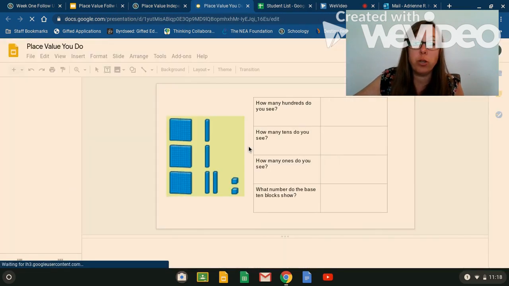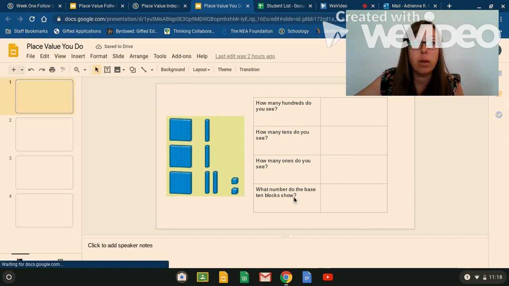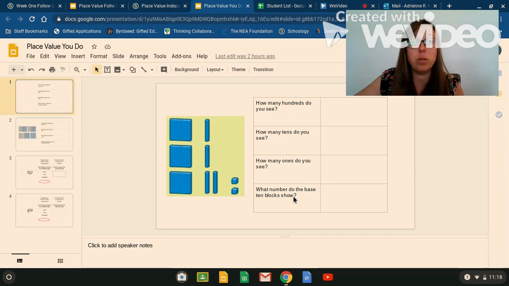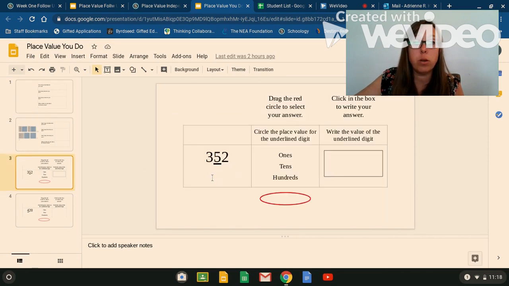You're going to be shown a picture of some base 10 blocks and asked how many hundreds you see, how many tens, how many ones. Asked to write the number you see, and I encourage you to also say it aloud so you're both writing and reading these numbers. It's also going to show you a number, looking for the underlined place value and value of that digit in its place.